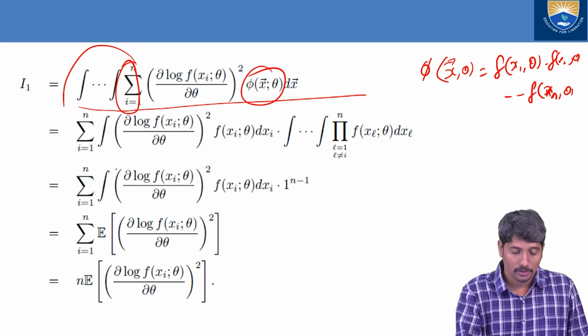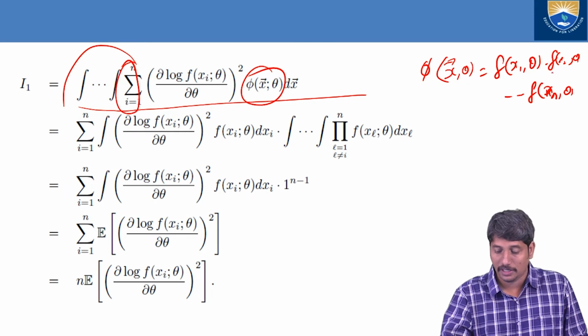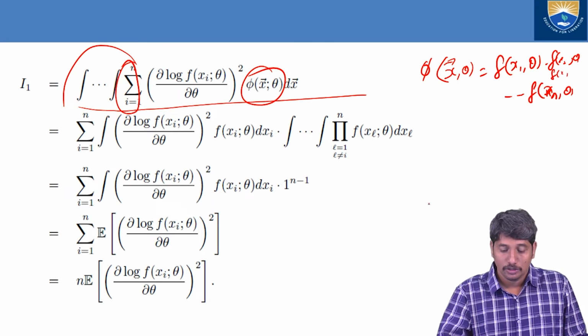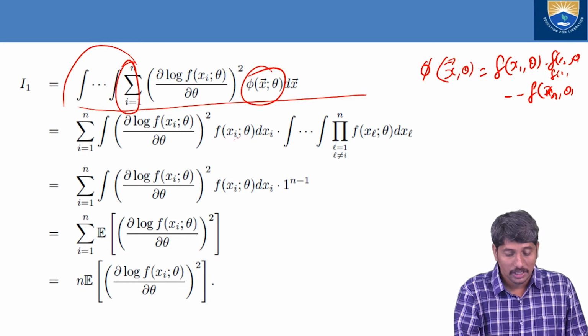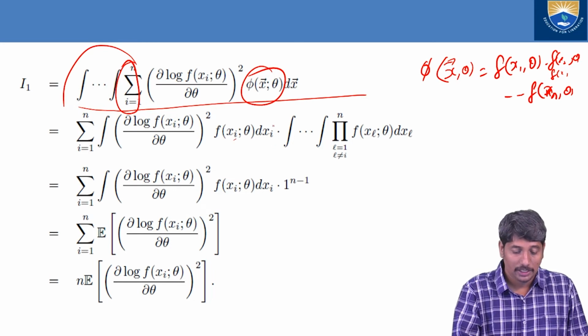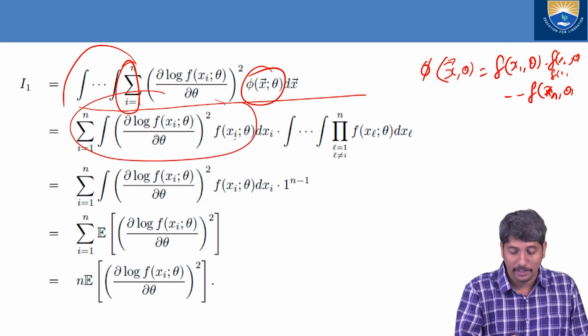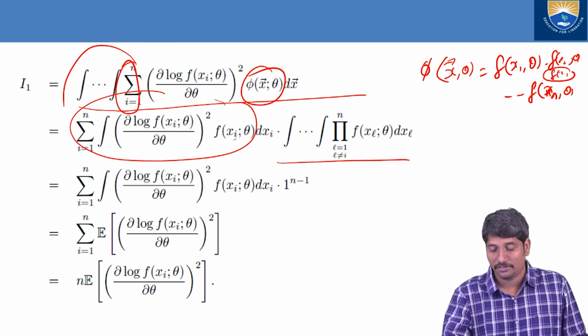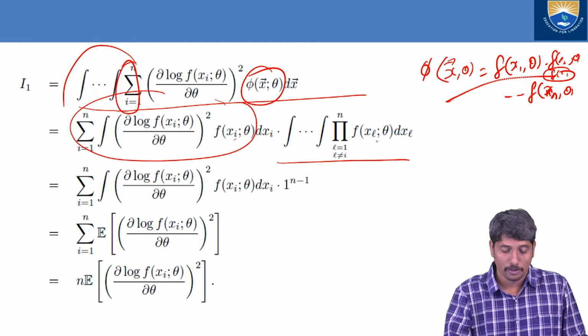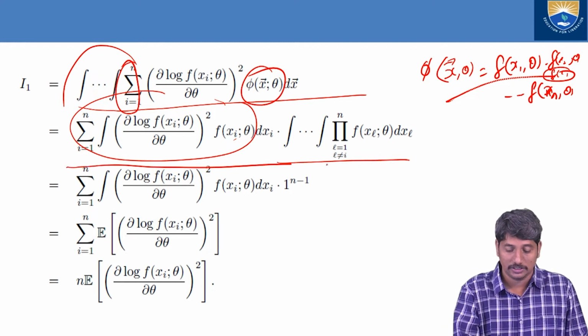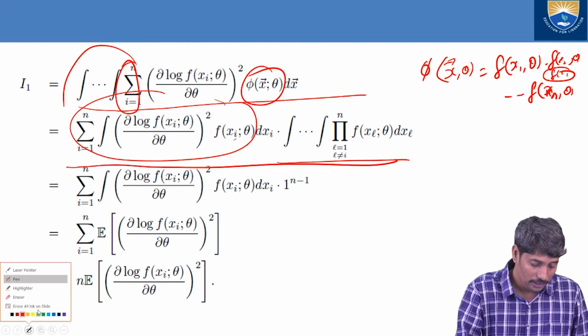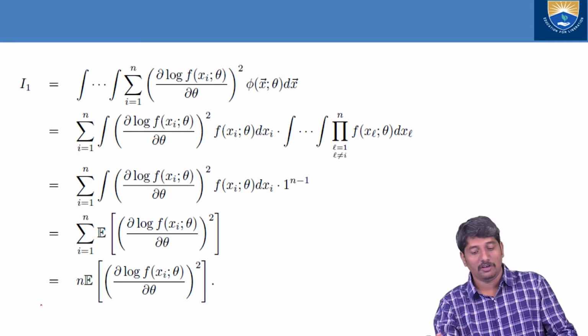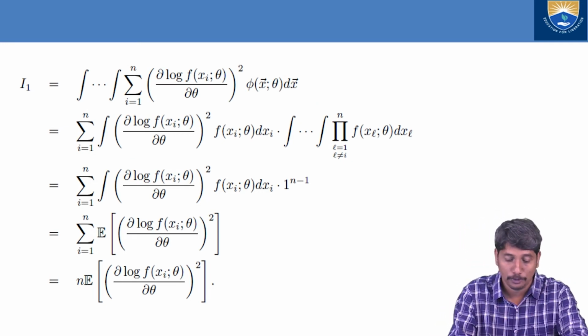Now here, if you take the summation, somewhere you will get f of xi comma theta, right? So what he is doing is taking that f of xi comma theta separately, and merging the remaining density functions as a single product, and that is why we got this step. That means he has taken only that i, and all the remaining density functions are put together.